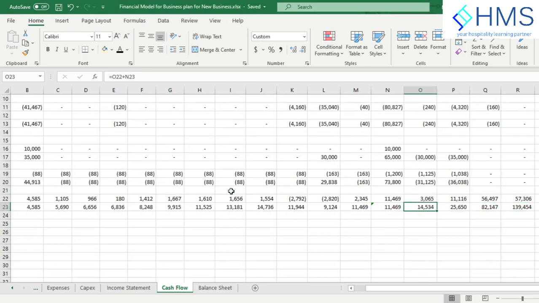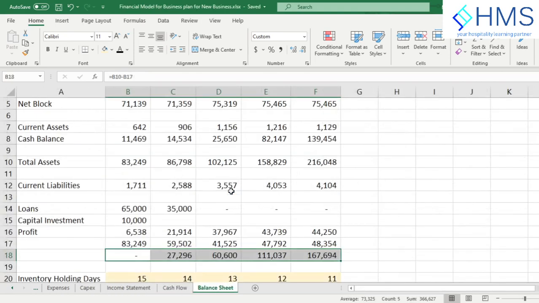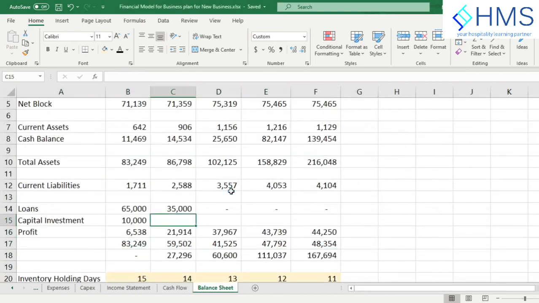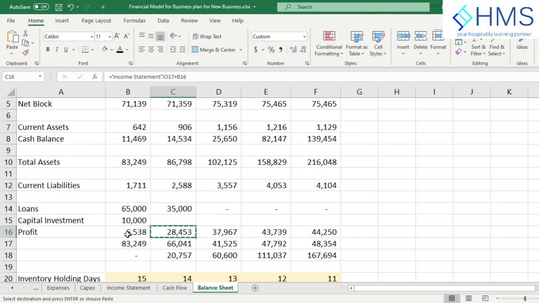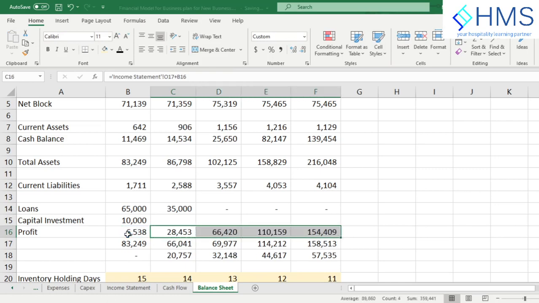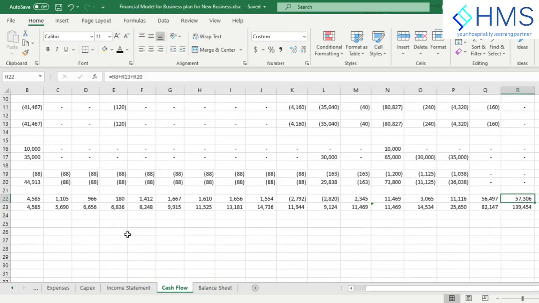So the number of change is 1,000 plus 11,000 because that is the balance. Then 11, 14 plus 11, and then 25 plus 56, and then 56 plus 57. So 37,000. Oh, sorry, my mistake. The profit is going to be accumulative, so this is going to be plus this amount. Yes, so now it is only 57,000.